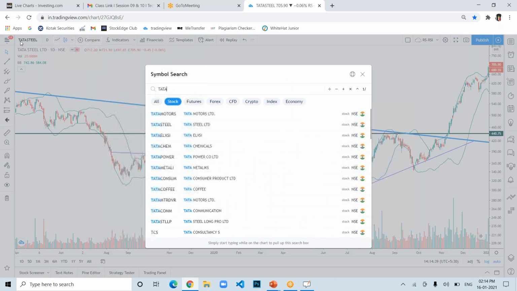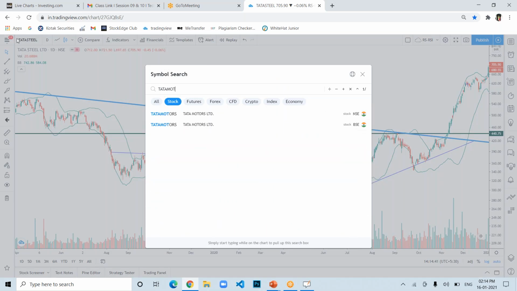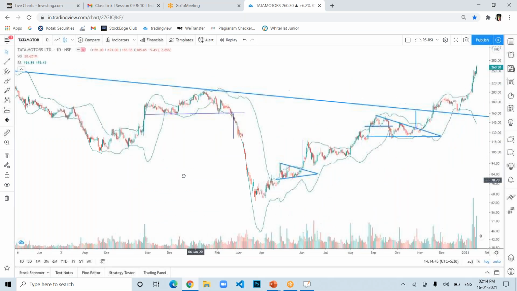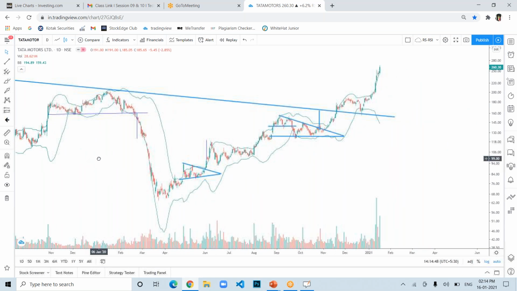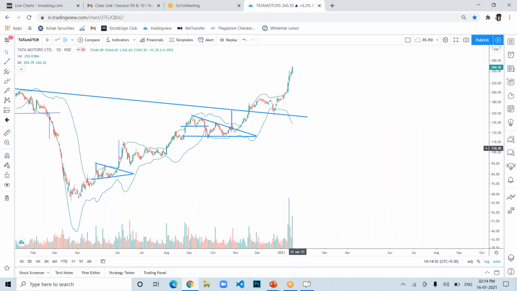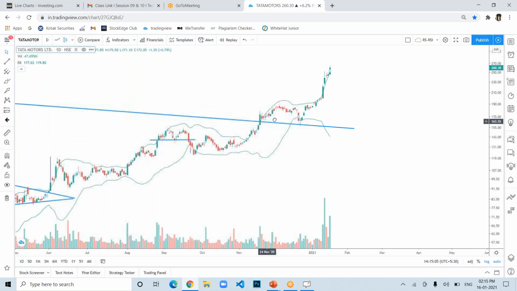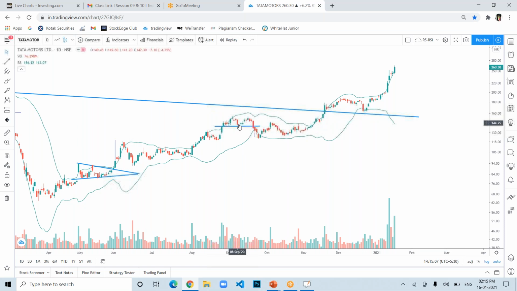Let me show you Tata Motors. Now look at this. Tata Motors, I'm just hiding these lines. See, in Tata Motors there was an M which got formed.